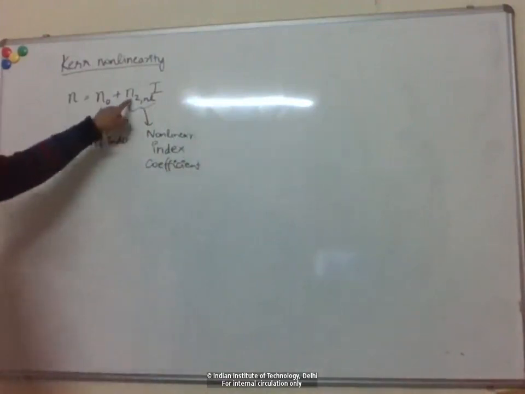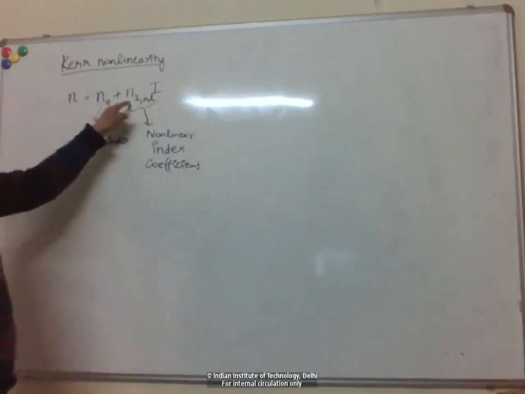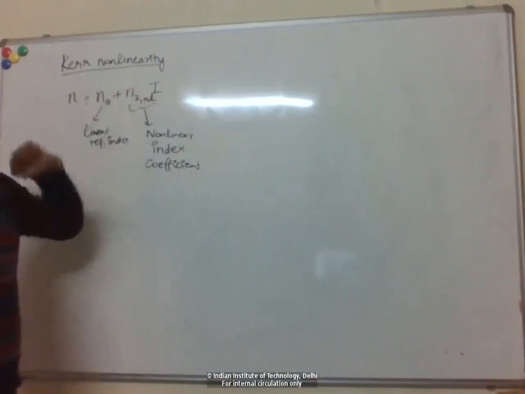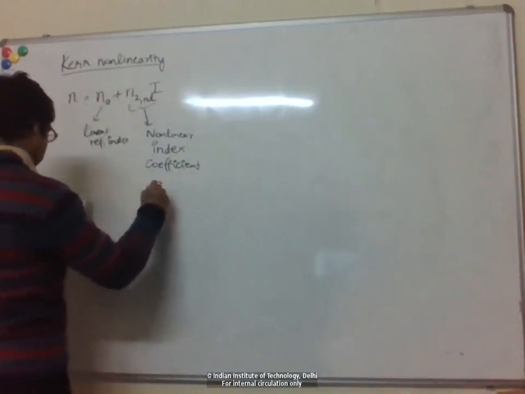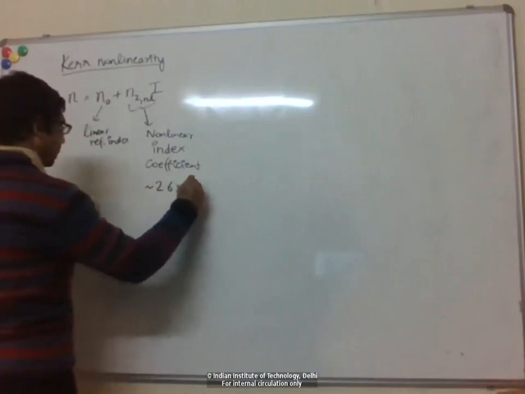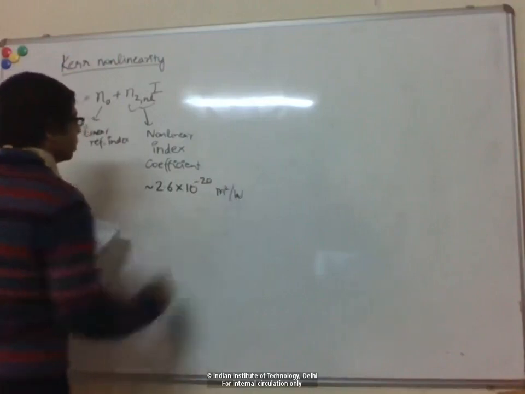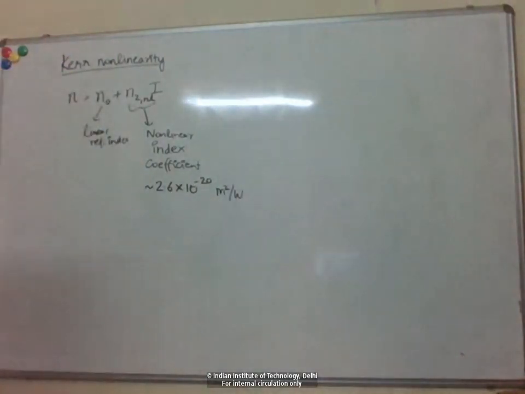You can see it has units which are inverse of intensity, because refractive index is unitless. So n2 is in meter square per watt. In glass, its value is about 2.6 times 10 to the minus 20 meter square per watt. So you can see it's a very, very small change.